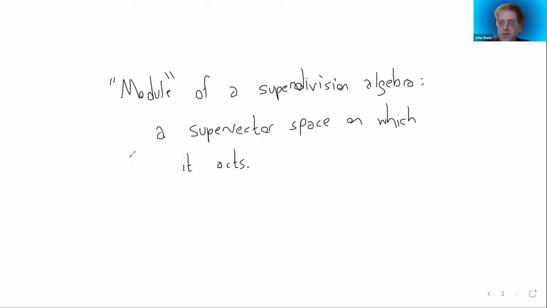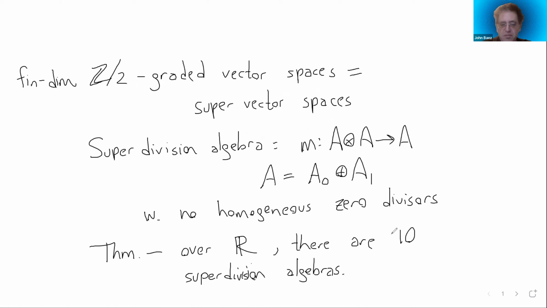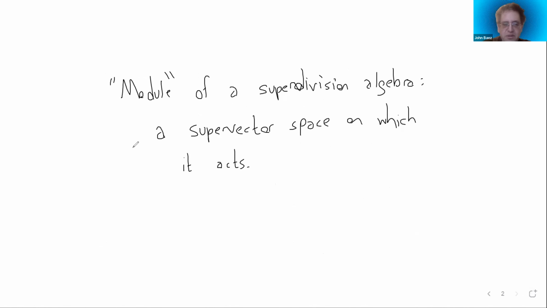And for some of them you're very familiar with. Some superdivision algebras include the purely even ones. There are three purely even ones that only have stuff in the even grade, and those are just reals, complexes, and quaternions. So you've probably thought a bunch about modules of those, at least the first two, maybe the third.